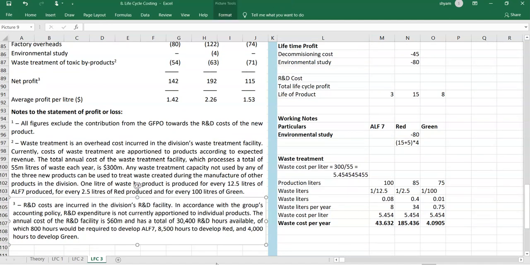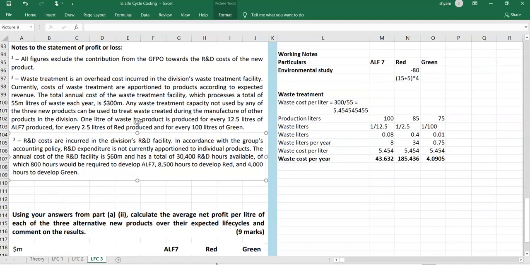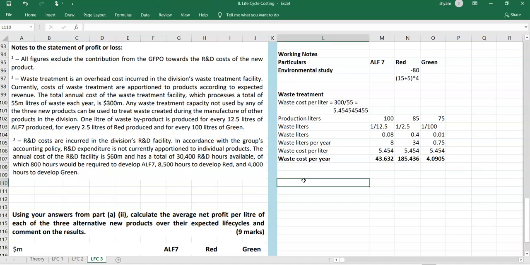R&D cost. So the R&D cost we have to find out. So the R&D cost is going to be cost per year.